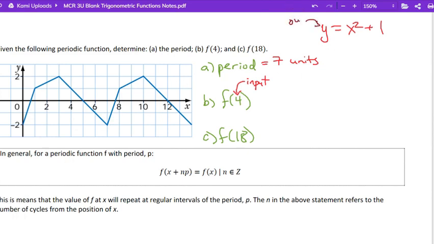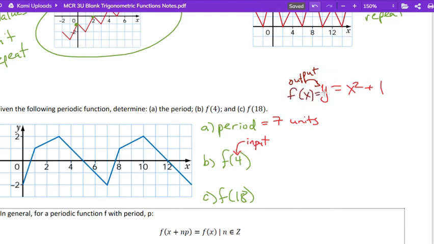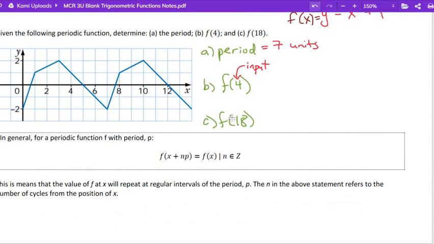And remember how we said that f of x is another way of saying y? So the x is the input. So f of 4 is, when x equals 4, what does y equal to? So we go here to x equals 4, find the value of the function. What does f of 4 equal to? 1. Good.